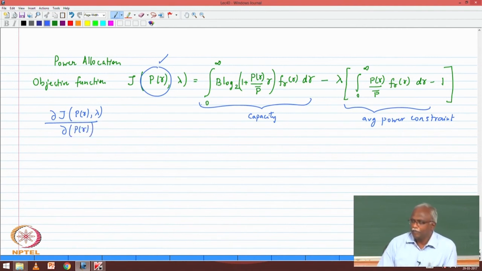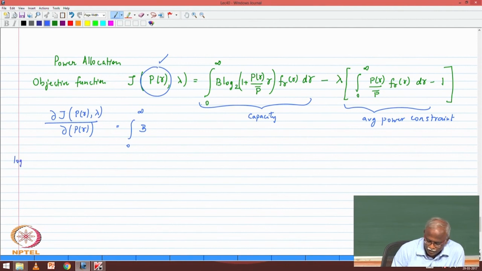So we had talked about the differentiation of an integral. Fortunately, neither the upper limit nor the lower limit has the variable with which you are differentiating. So only one term, which is the derivative of the integrand, comes into play. So it's easy for us to write down this differentiation. So basically, it will be integral 0 to infinity b times logarithm base 2.